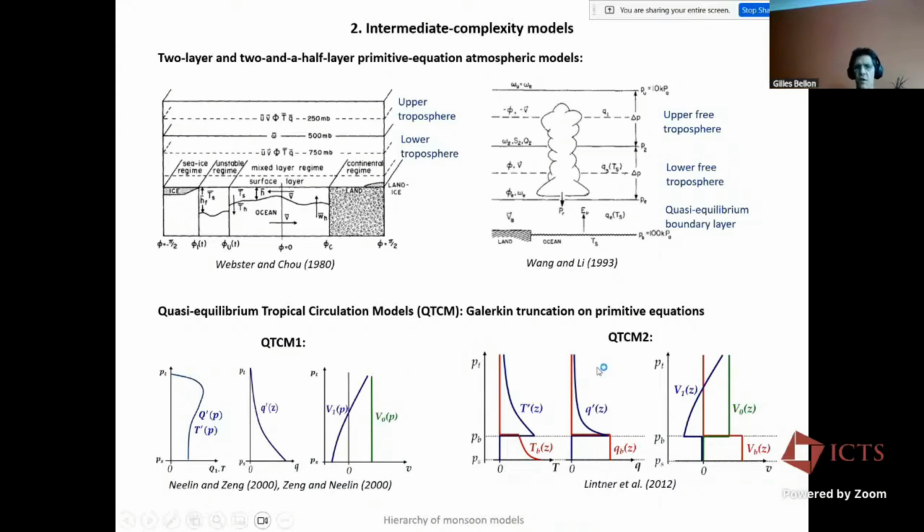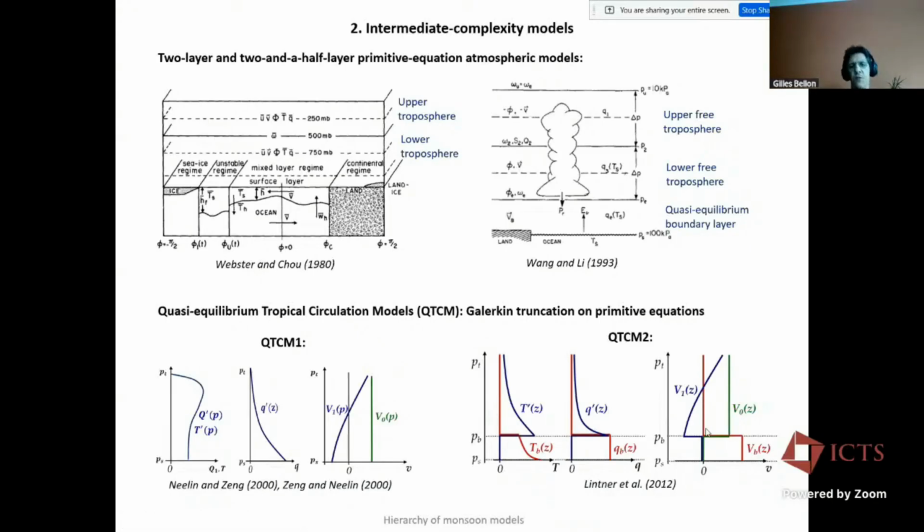The second generation of QTCM, the QTCM2, is essentially the same structure that you have in QTCM1, but limited to the free troposphere. So you have one profile for the perturbation of temperature, one profile for the perturbation of humidity in the free troposphere, and then two profiles for the horizontal wind in the free troposphere.